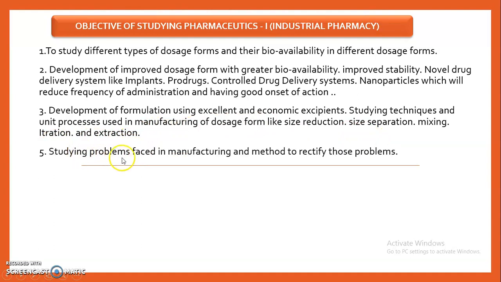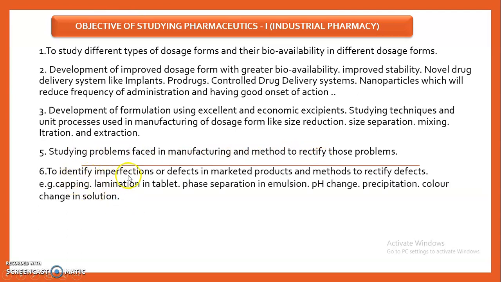Then studying problems faced in manufacturing and methods to rectify those problems. To identify the imperfections or defects in marketed products and methods to rectify them. Examples are capping and lamination in tablets, phase separation in emulsions, then pH change, precipitation, and color change in solutions.